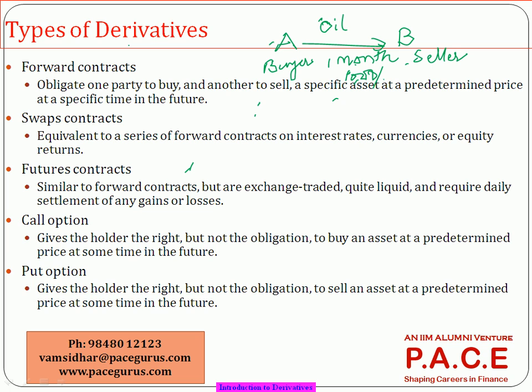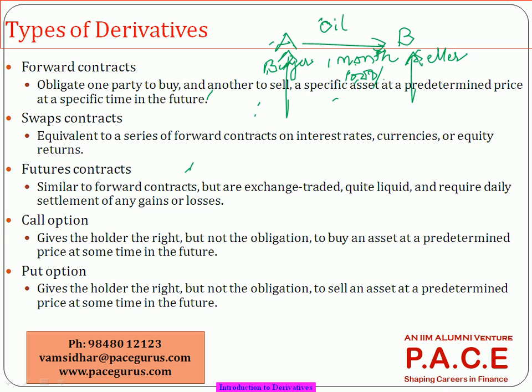Whereas when it comes to option, what happens is, in all these three contracts, both the parties have an obligation to adhere to the contract, right? A buyer has to buy, the seller has to sell. But when it comes to option, out of these two parties, one of them can take an option. Either this person can take an option or this person can take an option.